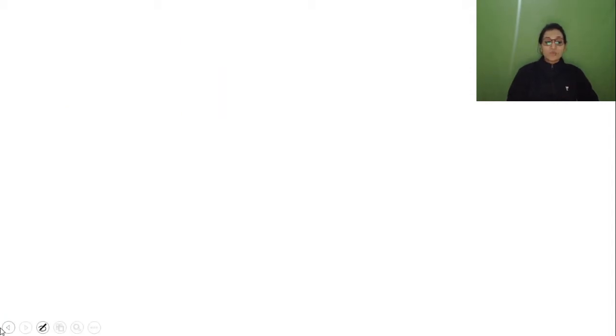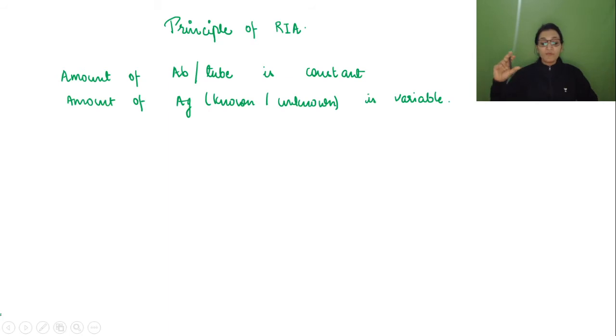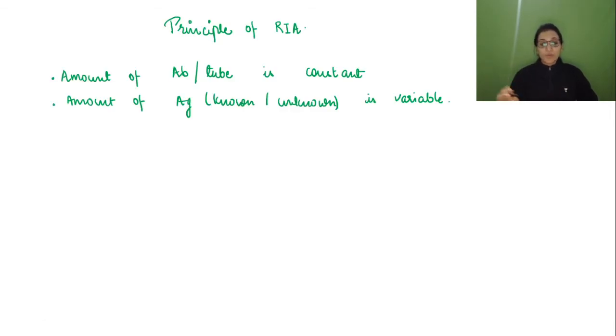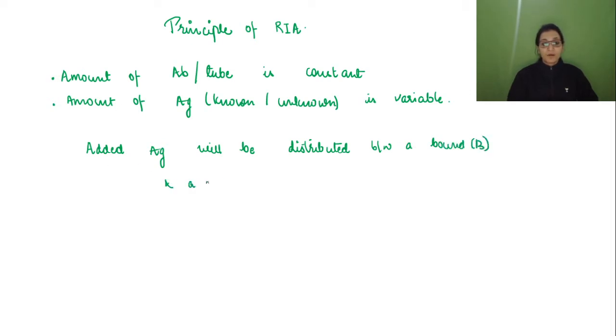So the added antigen will be distributed between a bound and the free fraction. If it has complementarity, it is going to be bound, and if it is non-complementary, it is not going to be bound. So the added antigen will be distributed between a bound and a free, that is F, fraction.